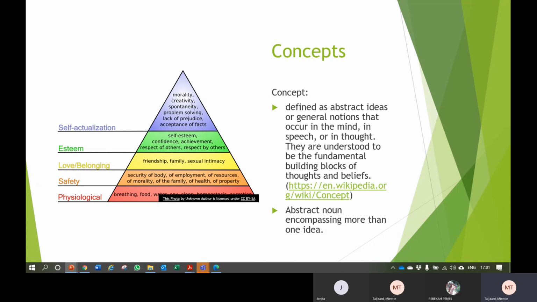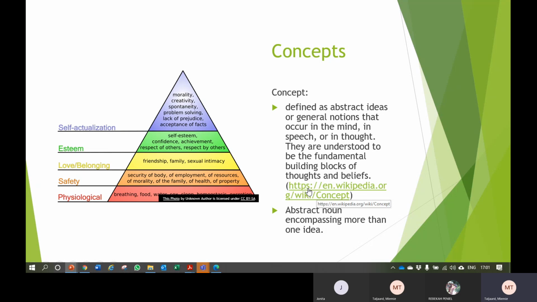you need to be able to identify a concept. I got this definition from Wikipedia, but remember in academic writing, we usually do not quote from Wikipedia. I just thought it was a quick one.